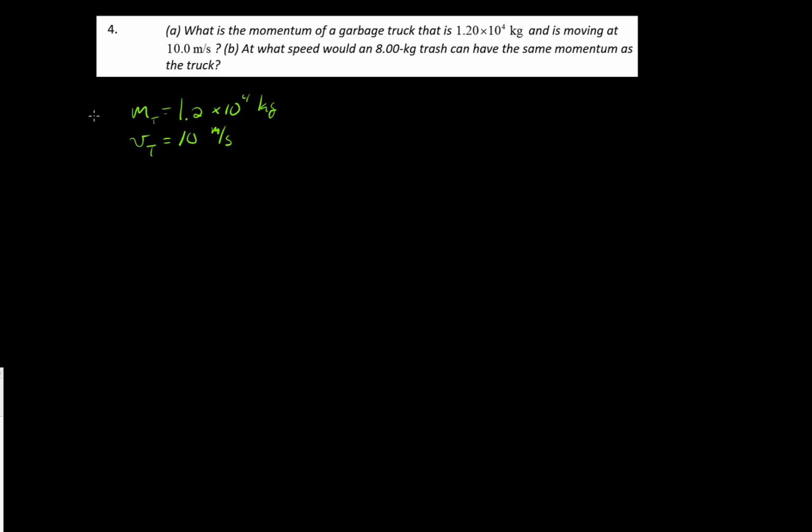So for part A, the momentum of the truck would just be the mass of the truck times the velocity of the truck. We just substitute in our numbers, 1.2 times 10 to the 4th times 10.